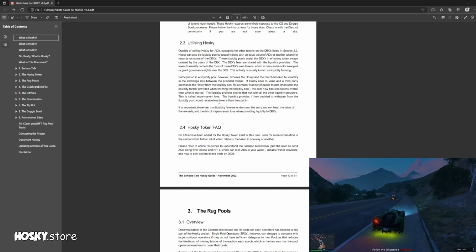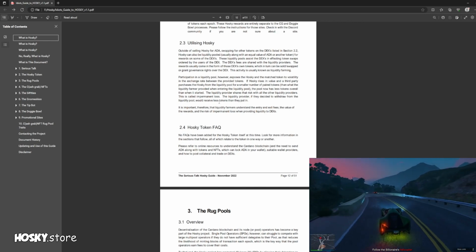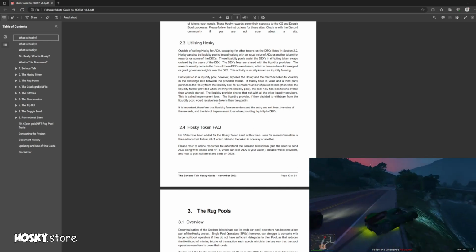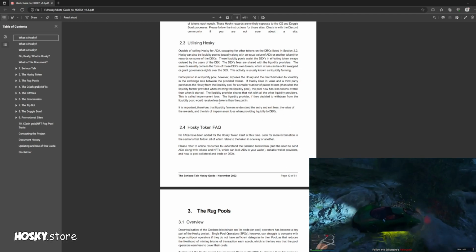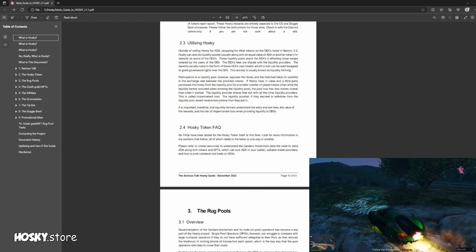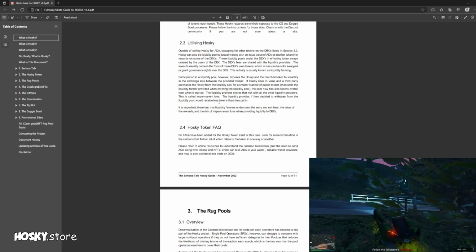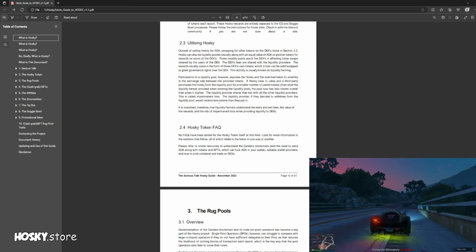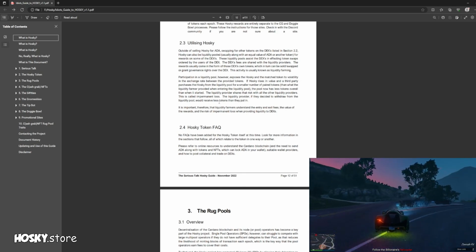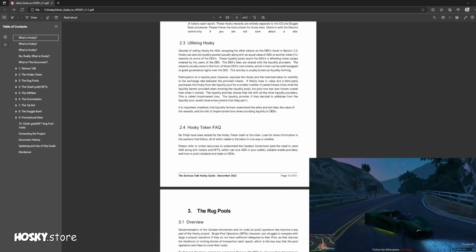Check with the Discord community if you are not sure about a site. So section 2.3, utilizing Hosky. Outside of selling Hosky for ADA, swapping for other tokens on the DEXs listed in section 2.2, Hosky can also be liquidity pooled, usually along with equal value of ADA or other token, for rewards on some of the DEXs.